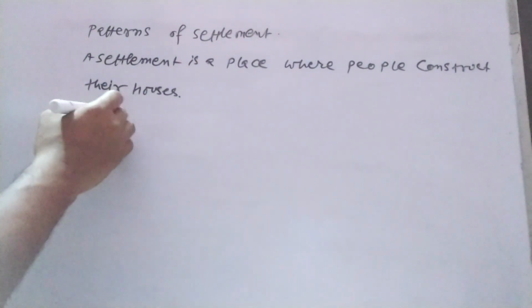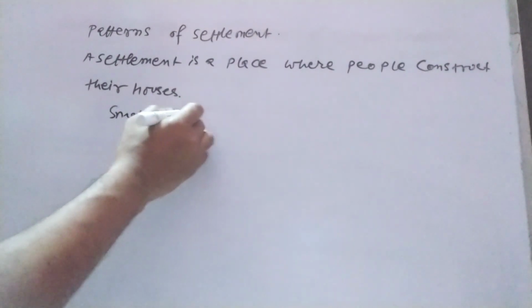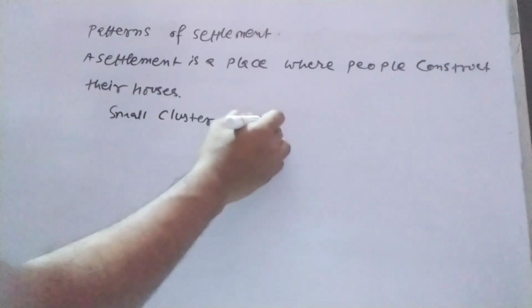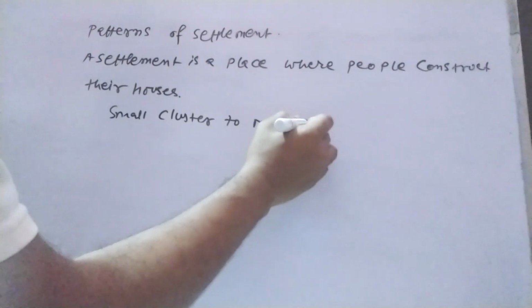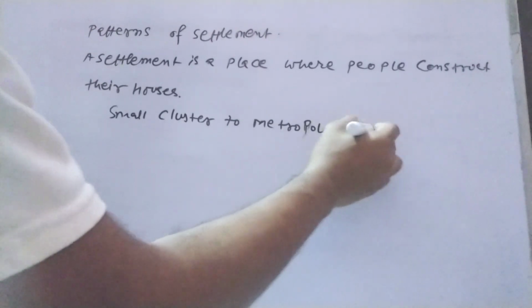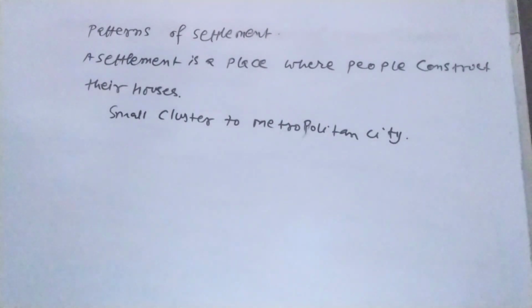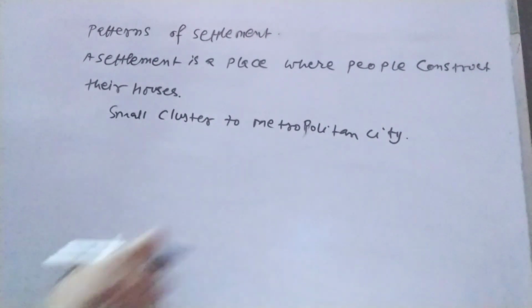Like, it may be a small cluster to a metropolitan city, right? So what is metropolitan city? A city having dense population with developed infrastructures and industries and other facilities.